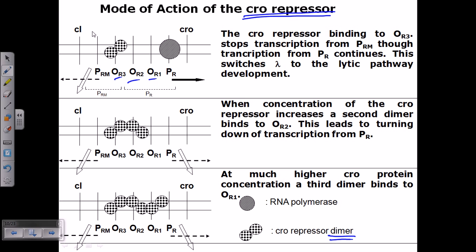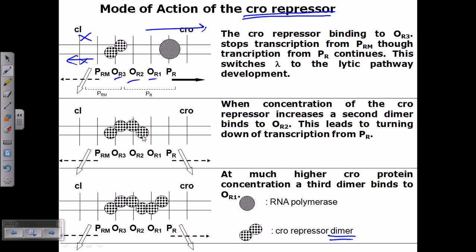So the transcription from this promoter is blocked, but the transcription in this right-hand direction can still go on. Okay, and this kind of transcription allows the bacteria to be inserted inside the lytic pathway of their life cycle.